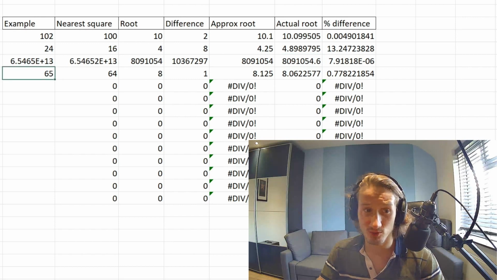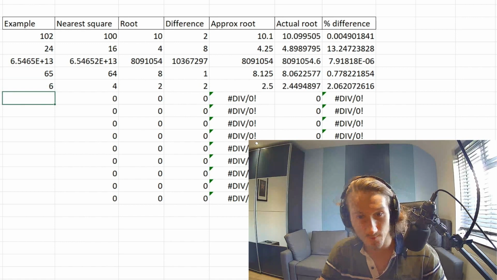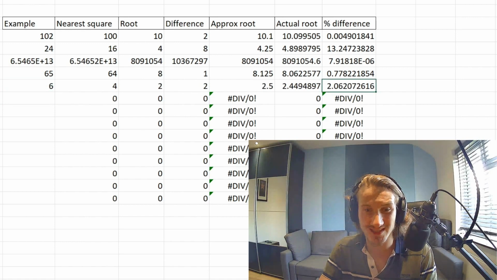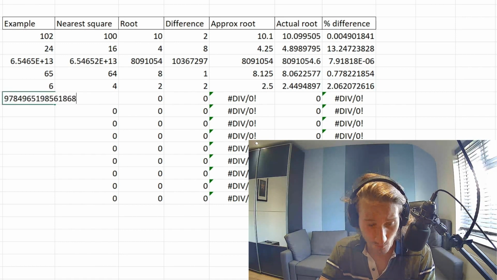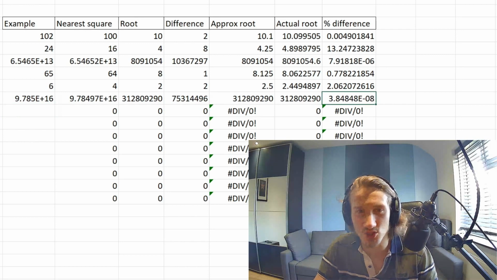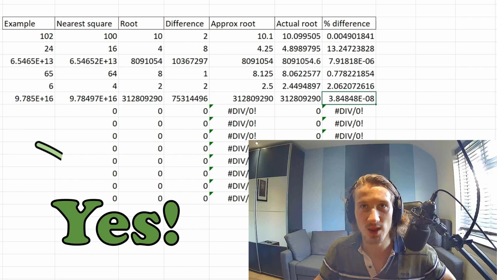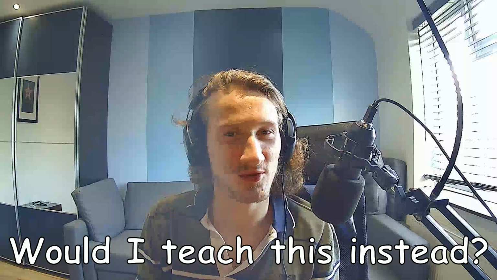But again, if we go to smaller numbers, and even single digit numbers, the percentage uncertainty is massive. But again, if we go to big numbers, then the method works like a charm and it's almost no difference. So yes, this trick does work. Would I teach this method over what I currently use? Not in a million years.